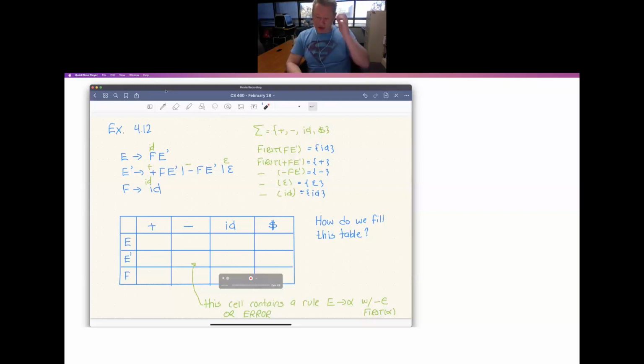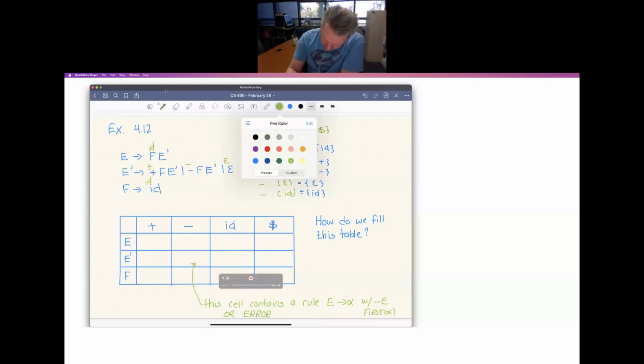Well, you don't get a chance to do nothing, unless you're doing an epsilon, I suppose. You've got to do one of these two things. So it's got to be either an error or the right-hand side that has that in. Yeah, right. So we need an error here, right? We do that in red.